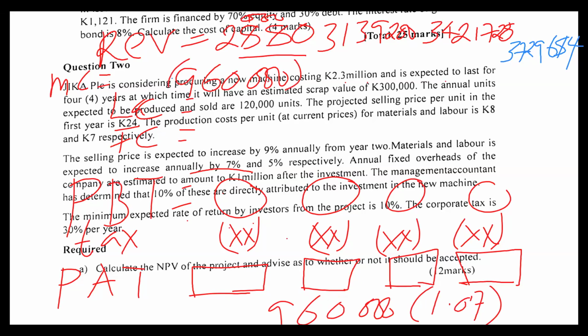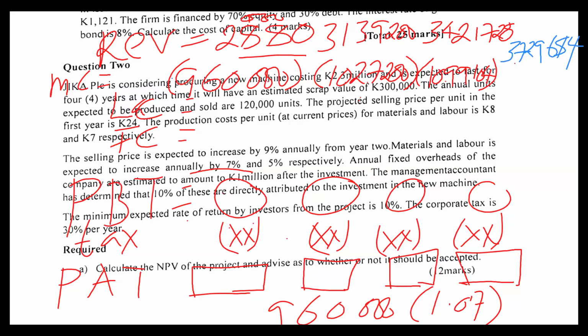Are you good? 1,027,200. Can you now grow this again at 7%? What do you get? 1,099,104.